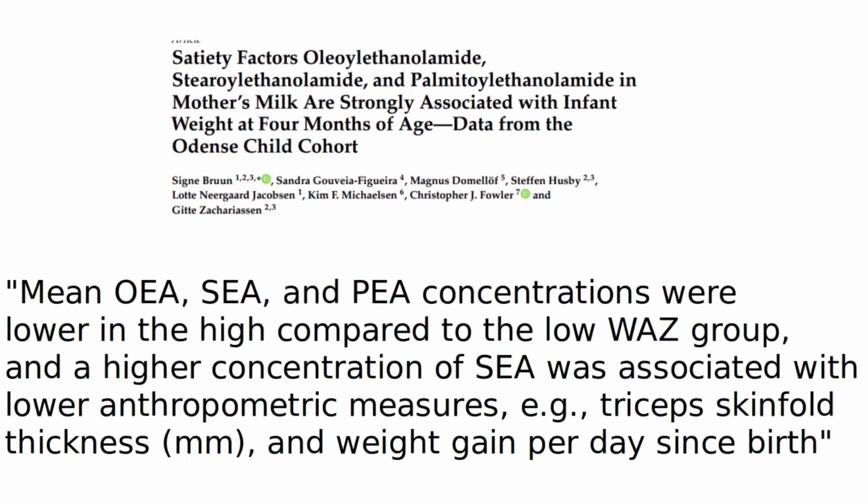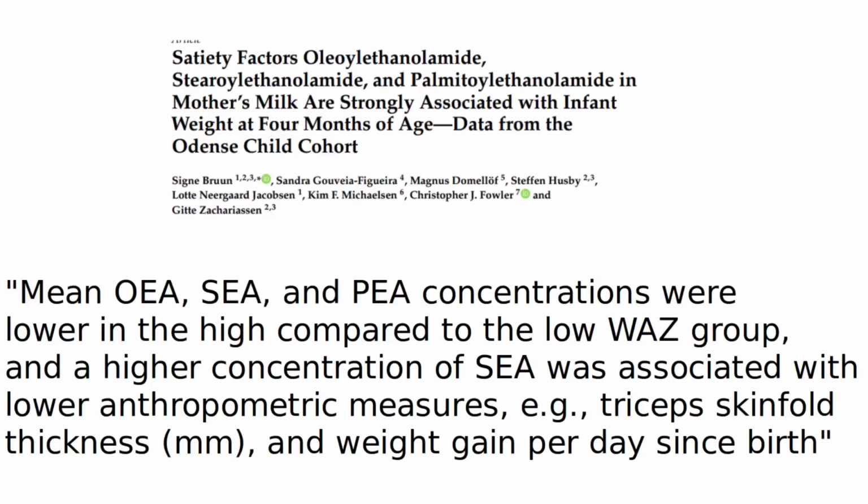When you look at infants, when they're talking about OEA, SEA, so that's stearoyl ethanolamine, that's made with stearic acid, and PEA, that's palmitoyl ethanolamine, that's made with palmitic acid, the 16-carbon saturated fat. It says OEA, SEA, and PEA concentrations were lower in the high compared to the low weight-for-age group of infants.